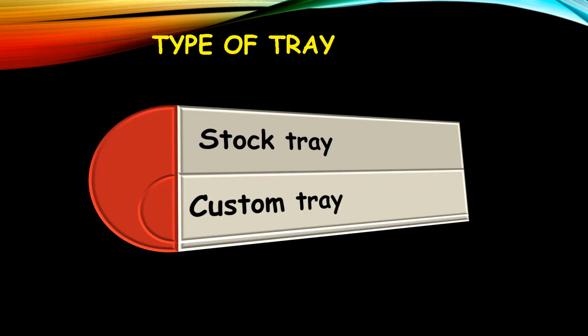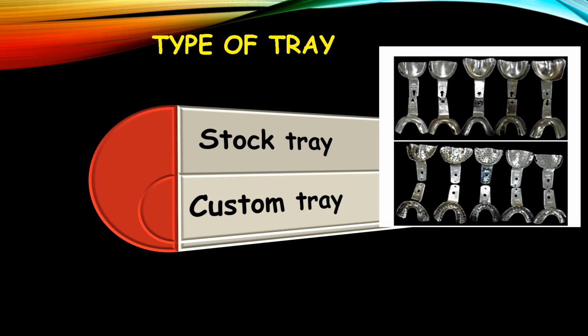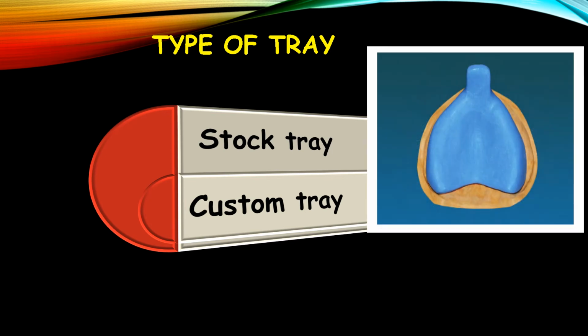Then coming to the type of trays. The various types of trays used in impression making procedures are stock tray and custom tray. So these are the stock trays. They are available as non-perforated and perforated metal trays, and in various sizes also. So this is the custom tray.